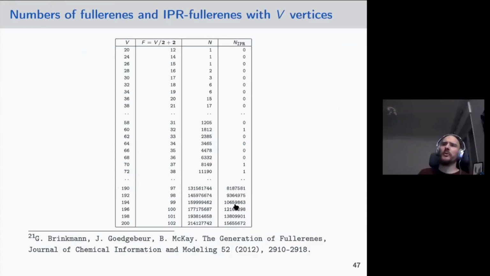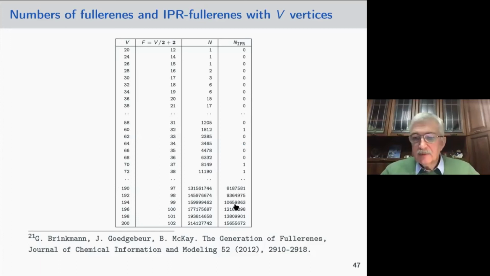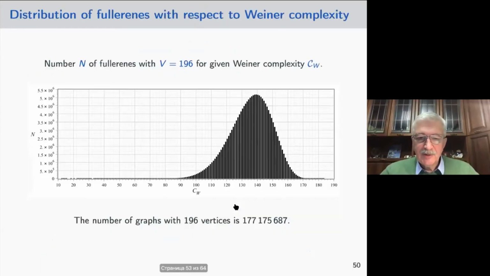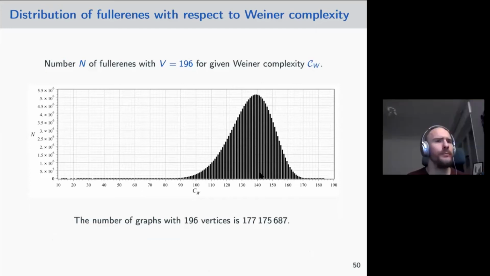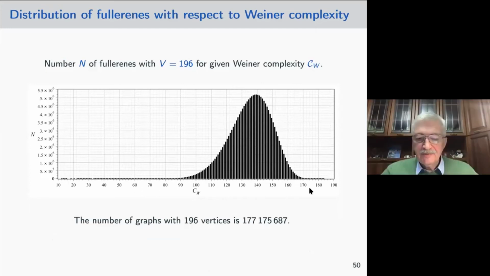No, I mean that if you want to prove this conjecture, you may take a very large number of vertices and then take a random such graph and then make statements. Possibly. But let me give you a picture of the distribution. Suppose we consider graphs with 196 vertices. This is a picture of the distribution according to Wiener complexity. These are the values of Wiener complexity.